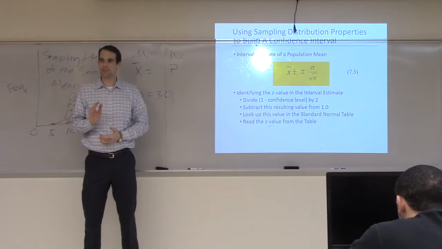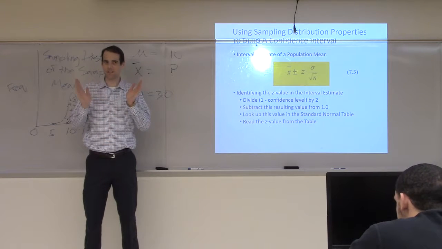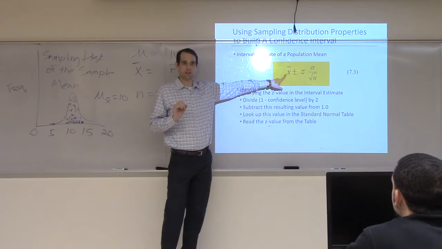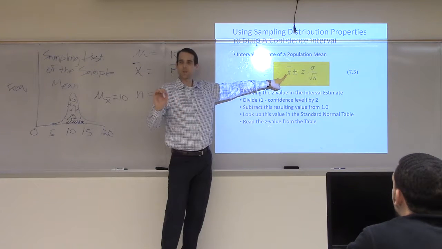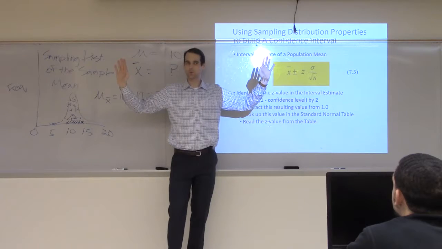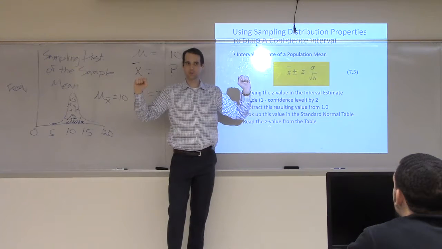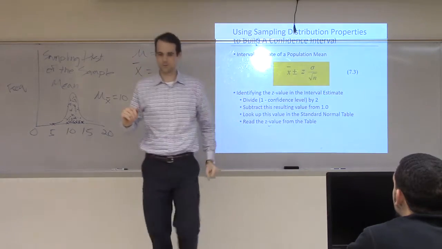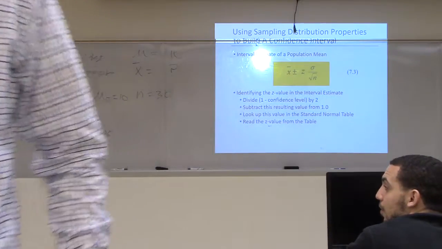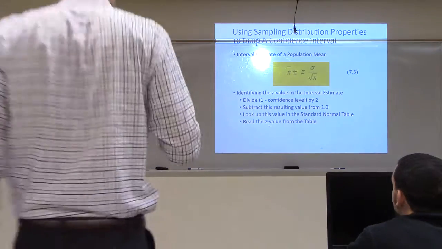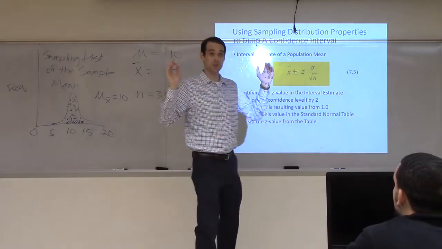I want to know how many standard deviations plus or minus I'm going to go from my point estimate, my sample mean. Recall, when we wanted to be 95.5%, we went 2 standard deviations. Now we only want to be 95% confident. How far are we going to go? Are we going to go less than 2 or more than 2? A little bit less than 2, exactly.